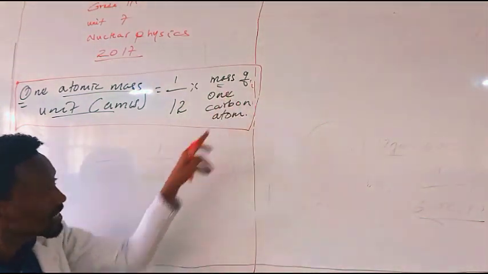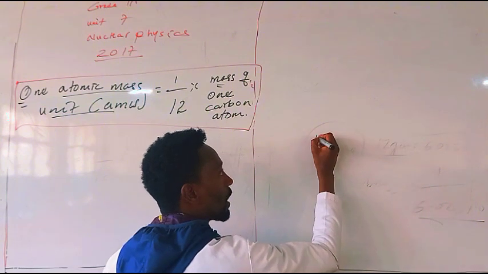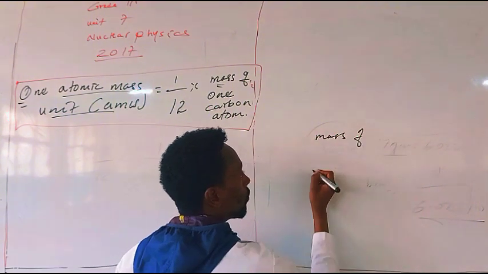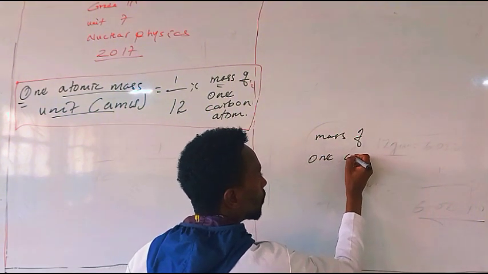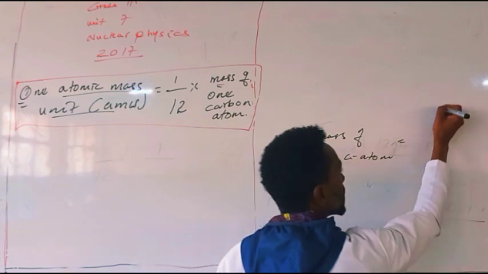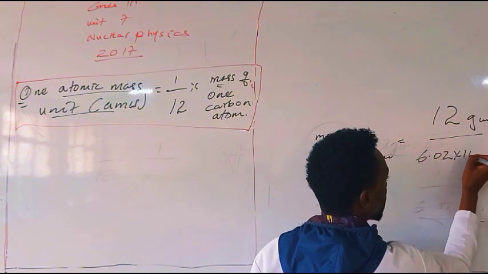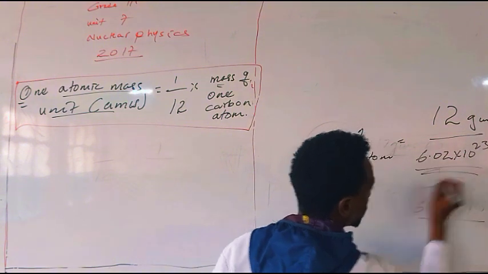So the mass of a single carbon atom can be derived. We derived previously that the mass of one carbon atom is 12 gram divided by 6.0 times 10 to the power 23.